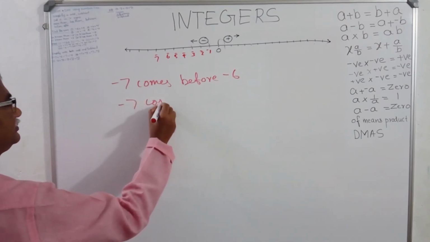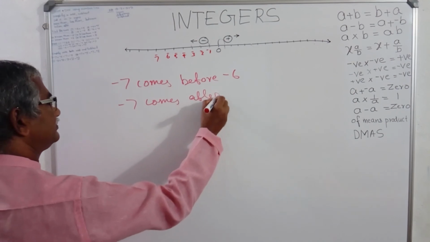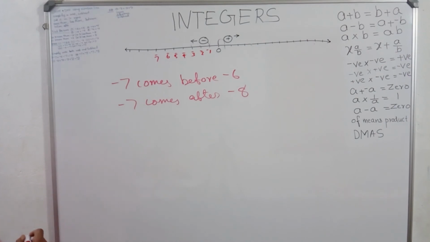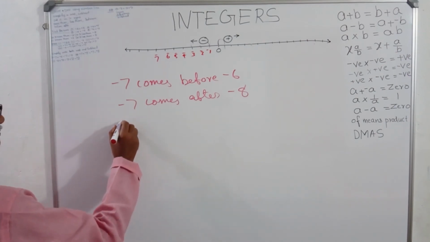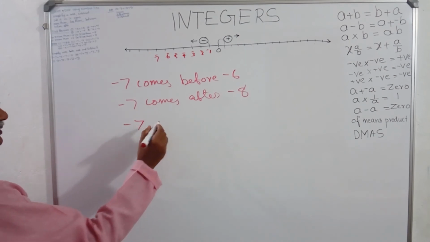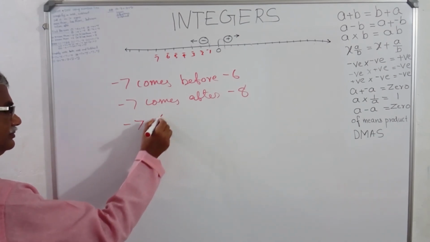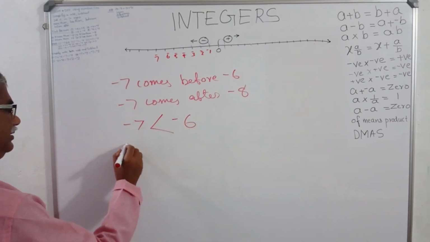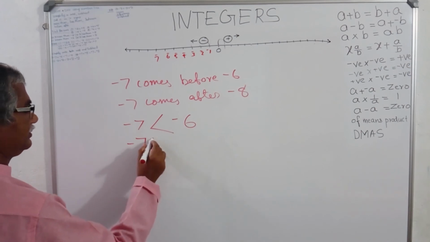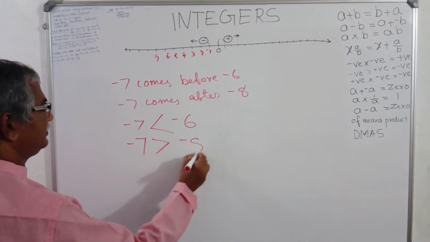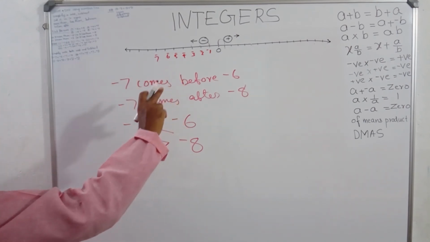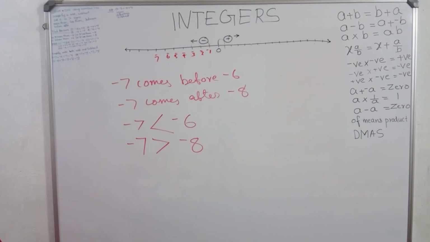Negative 7 comes after negative 8. Negative 7, use the symbol less than negative 6. Again, negative 7 greater than negative 8. So using the number line, all these words must be understood.